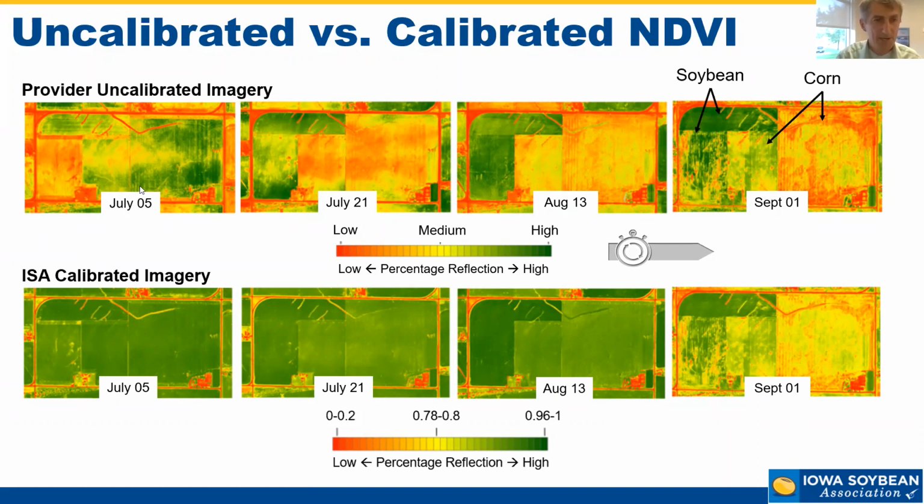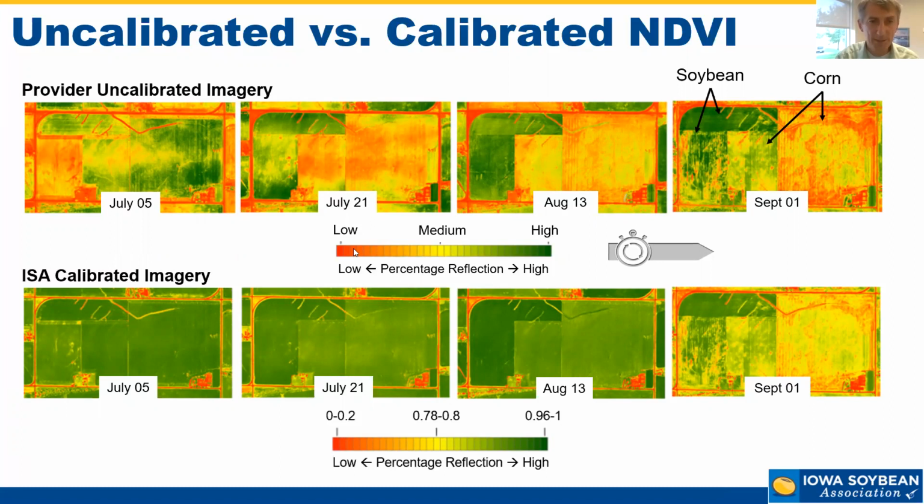So here I started from July 5th. Uncalibrated is on the top, calibrated on the bottom. You notice for uncalibrated imagery from the imagery provider, the scale is very relative. There's no number. That's what a farmer would usually get from a provider. The green indicates higher biomass.